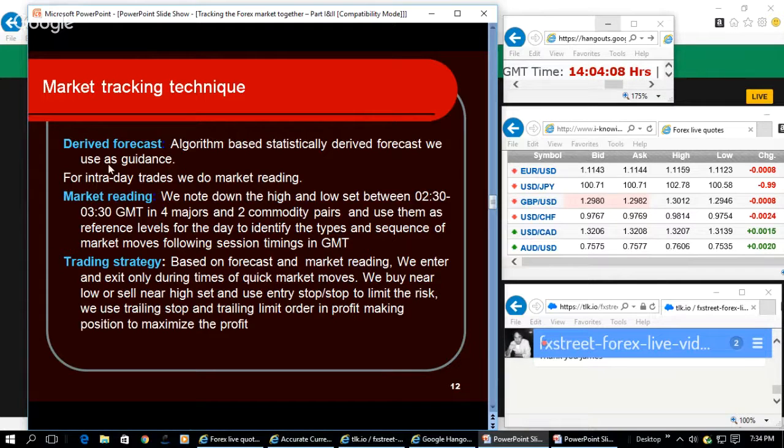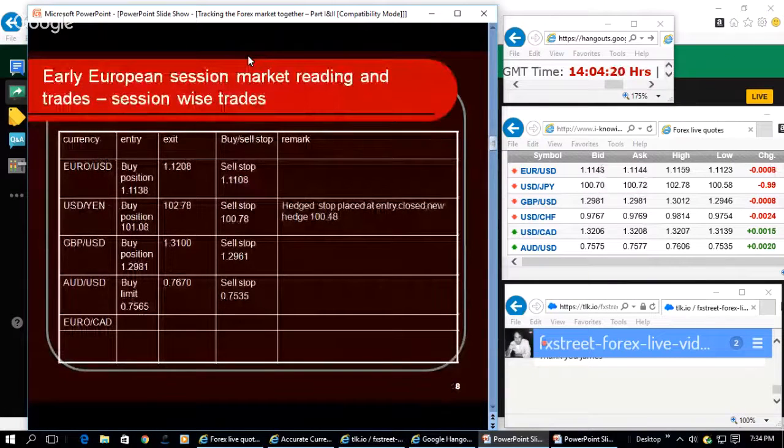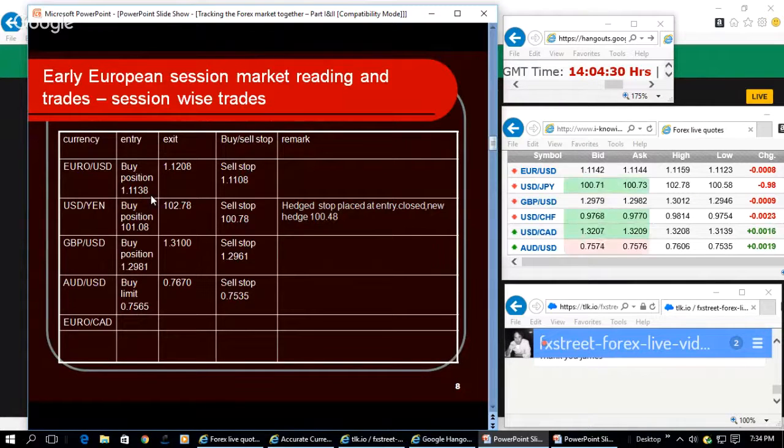So I will show you now what happened to the positions I planned or gave before you during the European session. I kept the buy limit order at 1.1138 when the market was around 1.1148, and slowly during the close of the European session, it came down and filled it.